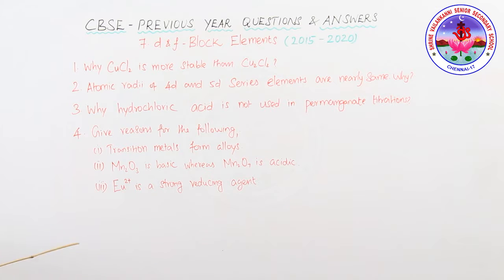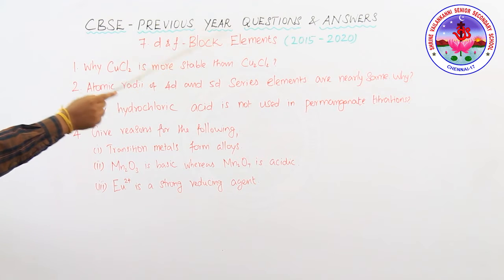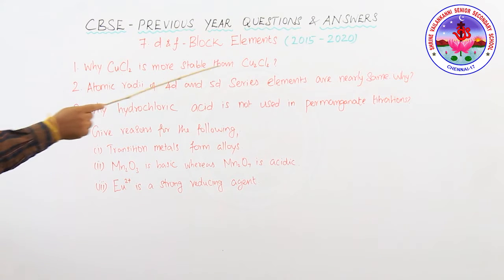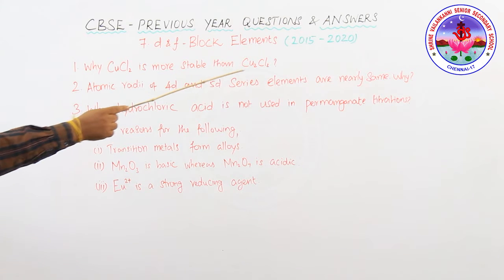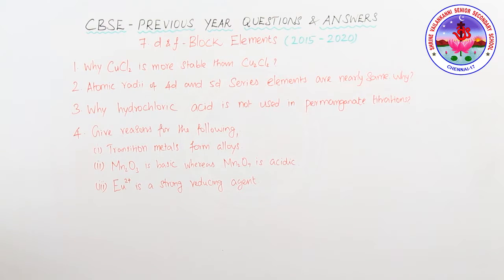The reason you have to write is that in CuCl2, copper is in the +2 oxidation state, and in Cu2Cl2 it is in the +1 oxidation state, due to high hydration enthalpy. So this is the answer. The key point is the higher oxidation state in CuCl2 compared to Cu2Cl2, here +2, here +1, and also the high hydration enthalpy.